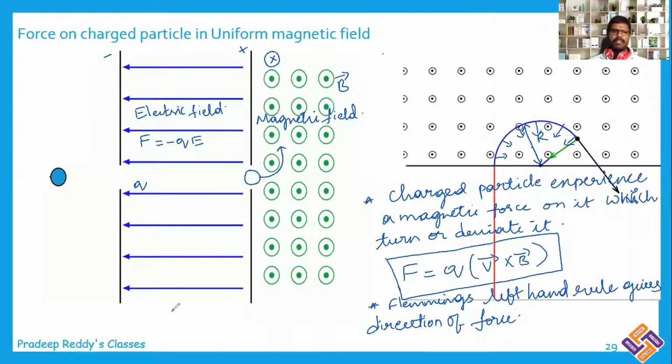Therefore, the force experienced by the charged particle in an external magnetic field rotates the charged particle in such a way that it moves in a circular path, and the direction is given by Fleming's left hand rule.